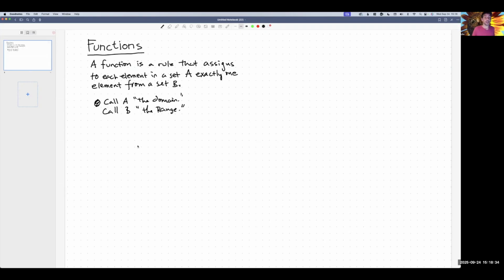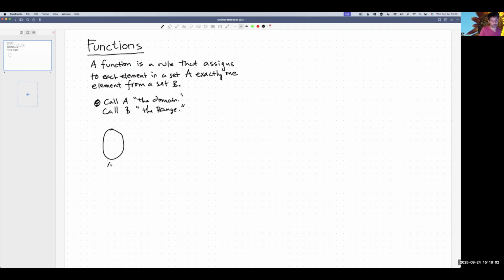So we've got this idea that this function, this rule, if you give it anything from the set A, from the domain, it assigns to it an element, it could be the same element, but the key feature is that it assigns to exactly one element from the set B, the range. Sometimes we draw this in a picture.